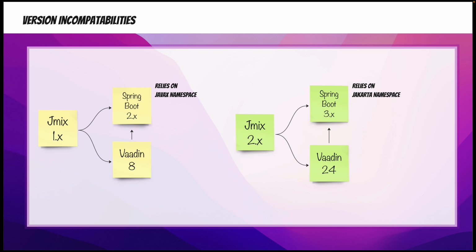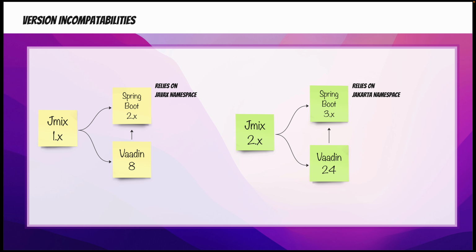So that being said, now if we look at this version incompatibility, I'd already talked about it, but I'm just outlining this dependency tree here. Jmix 1 on the left side actually depends on Vaadin 8, as we know, and it also depends on Spring Boot 2.x.